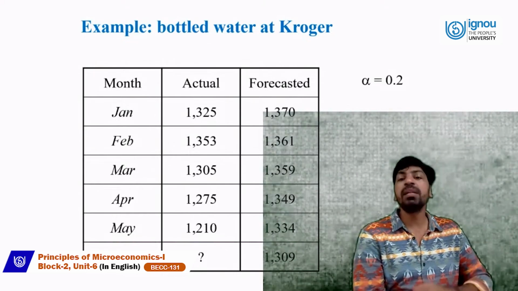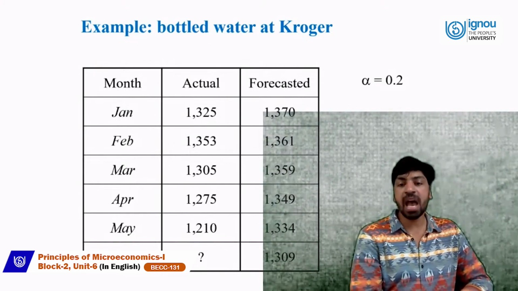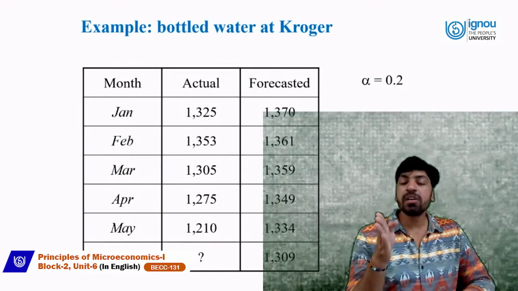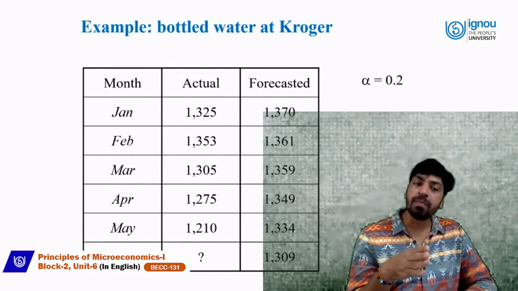You will get 1359, the forecasted value of the March month.